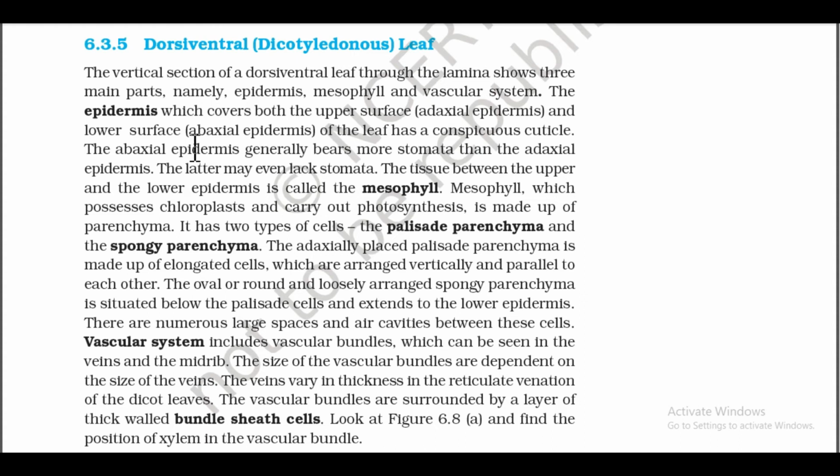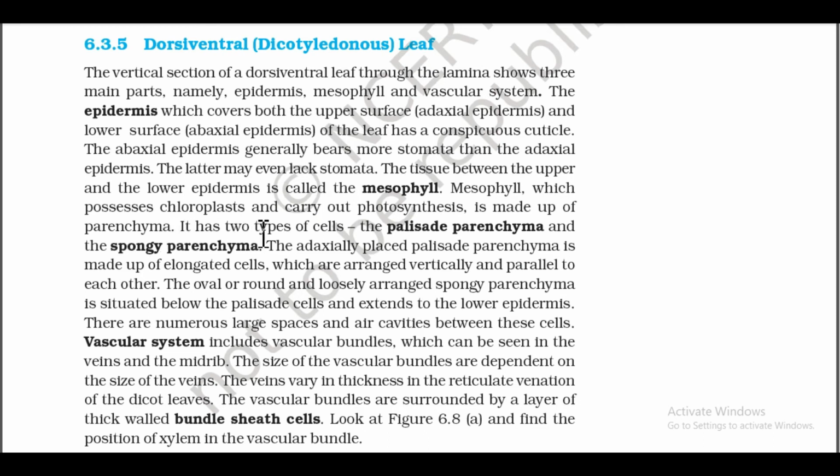The abaxial epidermis generally bears more stomata than the adaxial epidermis. The latter may even lack stomata.